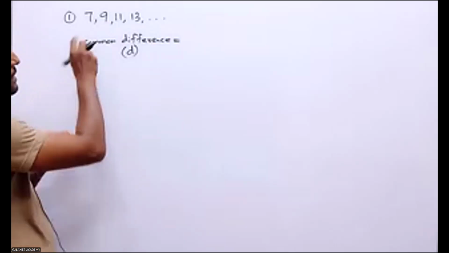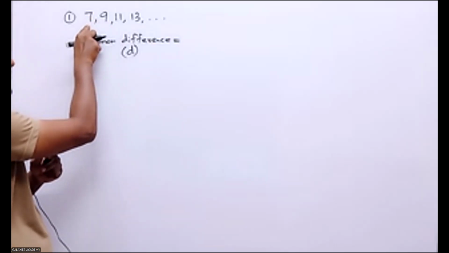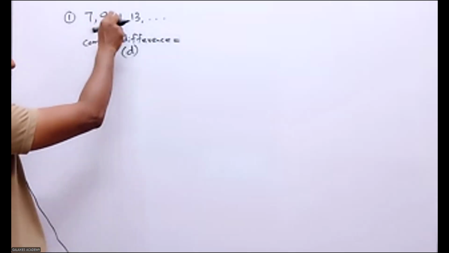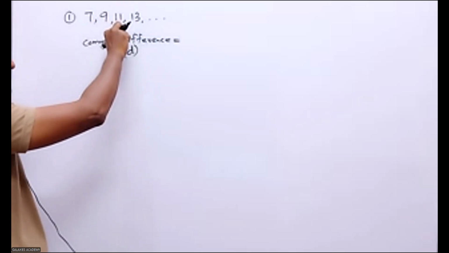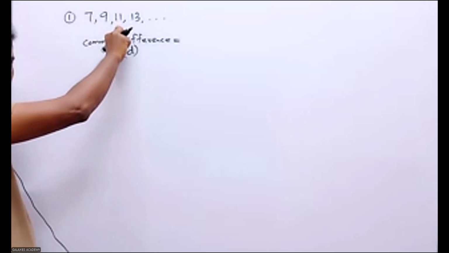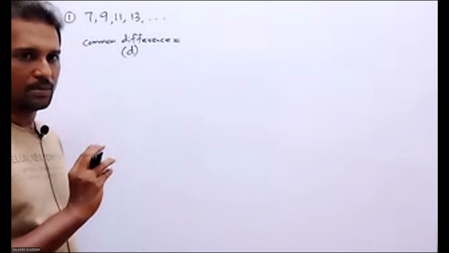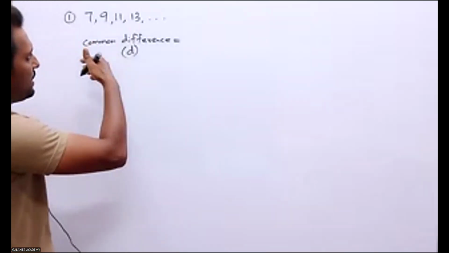You can get it by the second term minus the first term, or the third term minus the second term, or the fourth term minus the third term. You can take any two suitable consecutive terms, then subtract.